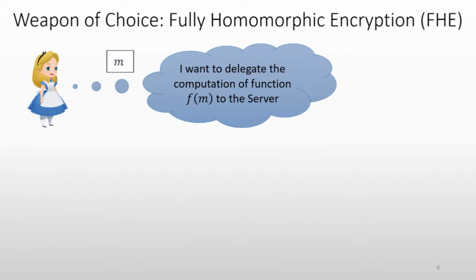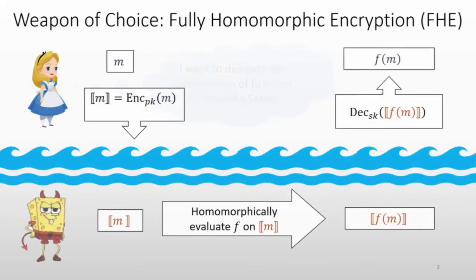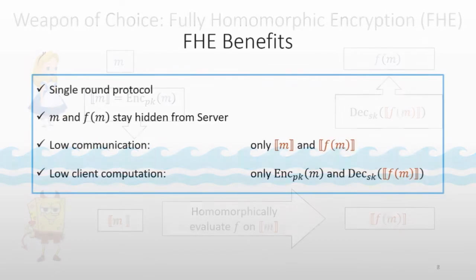So suppose she has a message and she wants to delegate the computation of some function f on this message to the server. She can encrypt this message and send it to the server. The server can then homomorphically evaluate the function f on the encrypted message, retrieve the result, and return it to her. Now she decrypts it and obtains a result.